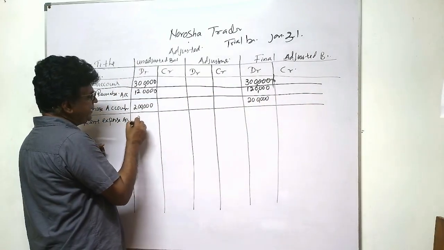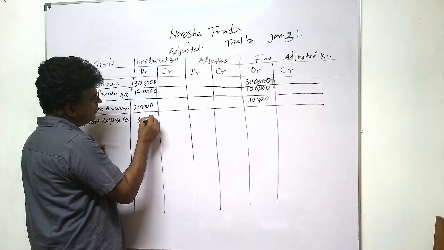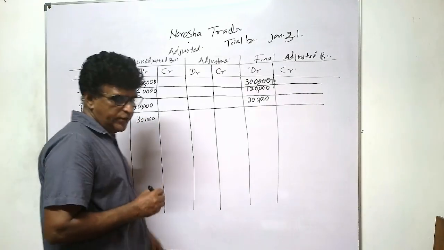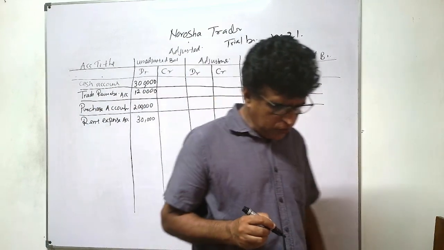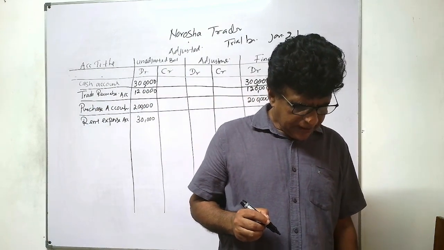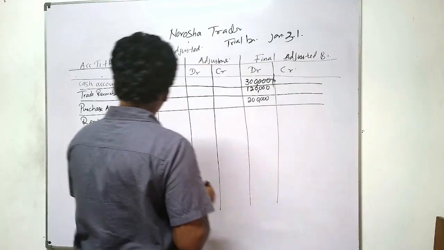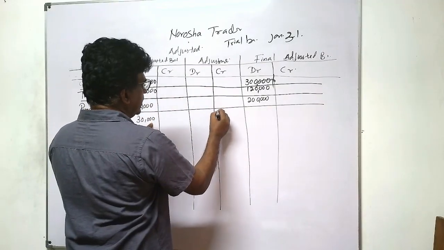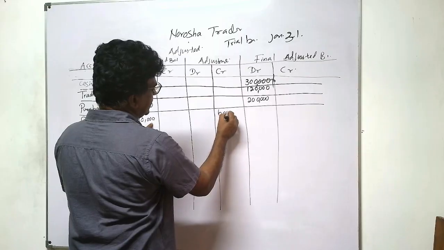Then in the adjustment column, I am going to credit 6,000 rupees.